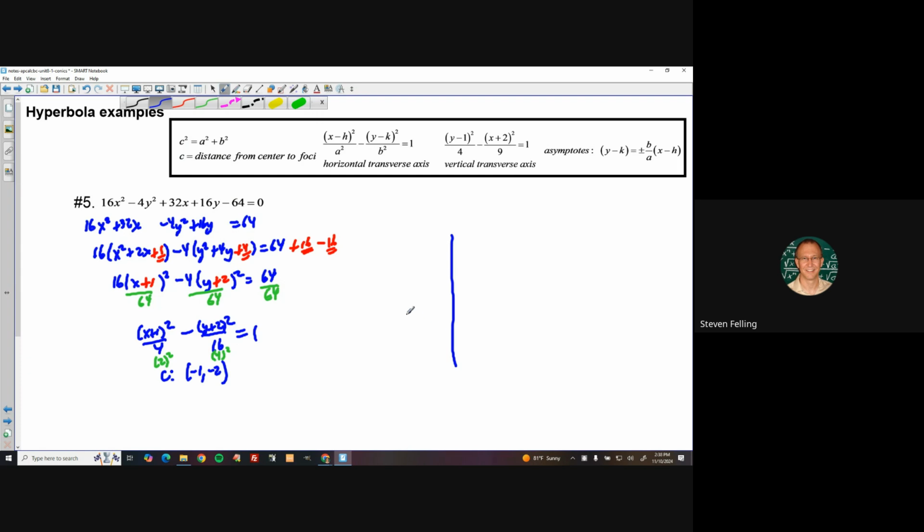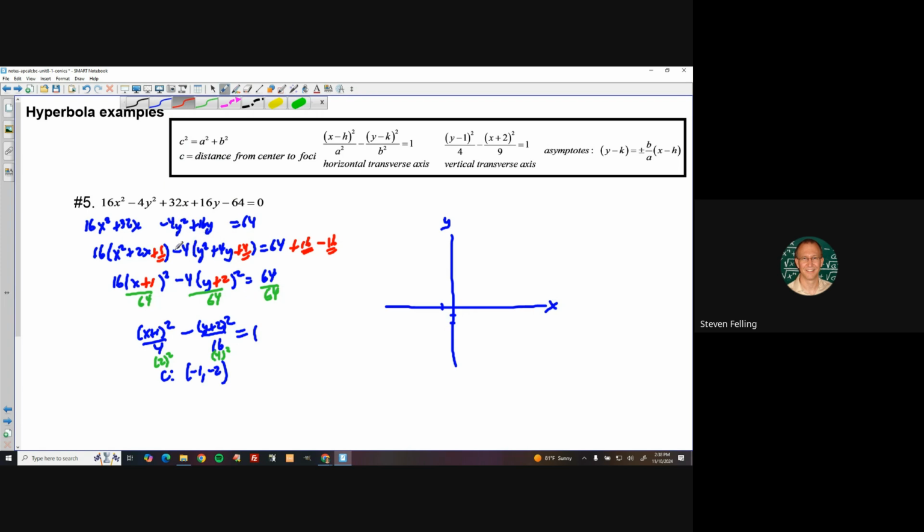All right, so we sketch it. We make our axes. We go to x is negative 1, y is negative 2. Is that right? I think I messed something up here really quickly. Let me make a quick change here before we get any further. I said it, but I didn't write it.